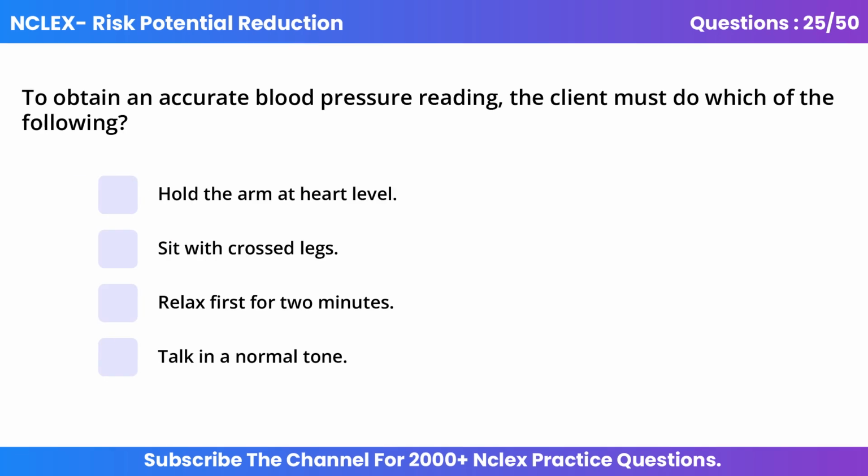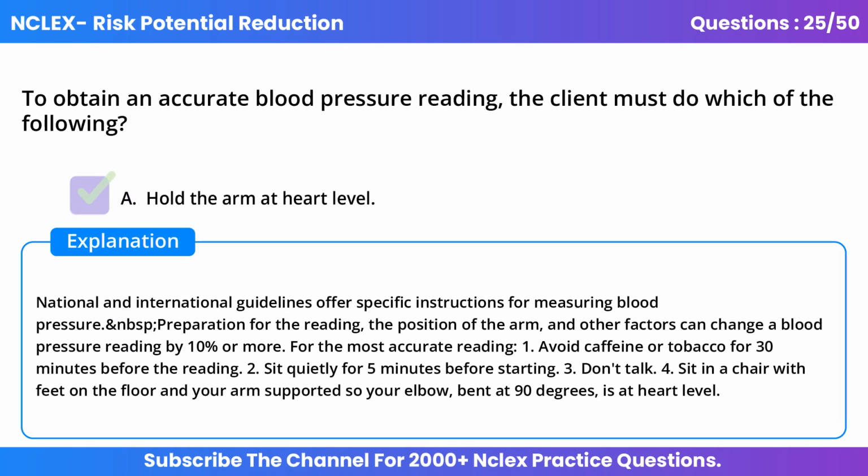Question 25. To obtain an accurate blood pressure reading, the client must do which of the following? A. Hold the arm at heart level. National and international guidelines offer specific instructions for measuring blood pressure.